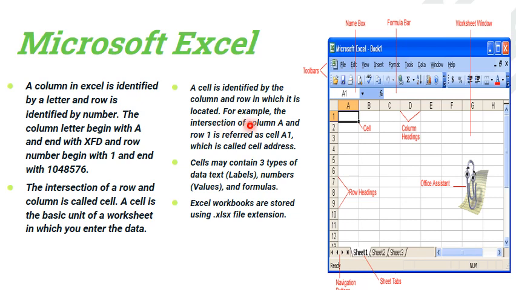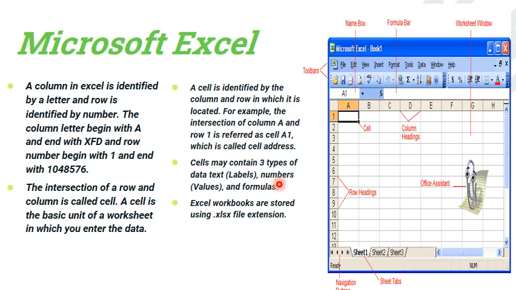For example, the intersection of column A and row 1 is referred to as cell A1, which is called the cell address. So the cell address of this cell is A1 because it is identified by the column letter and row number. The column letter is A and the row number is 1. So the cell address is A1.